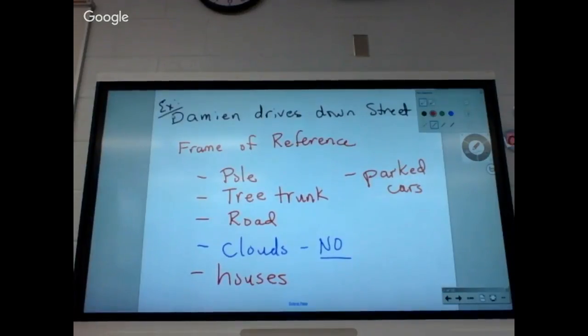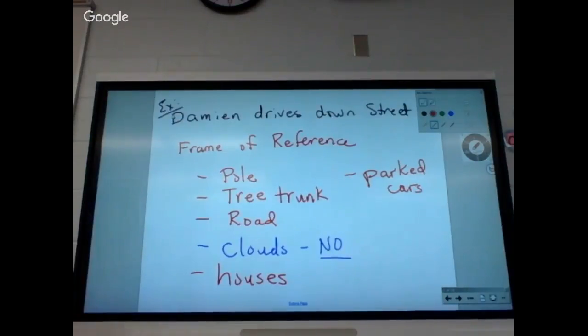Now, in reality, are we actually stationary? We're sitting on the what? Starts with an E. Earth. Is the earth stationary? No, we're moving all the time, right?